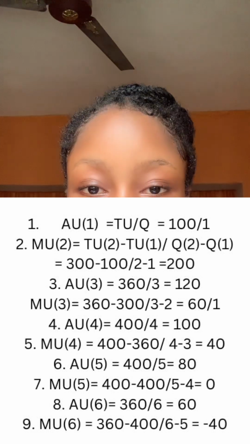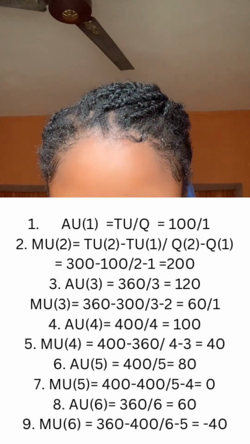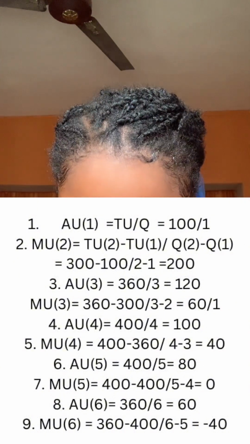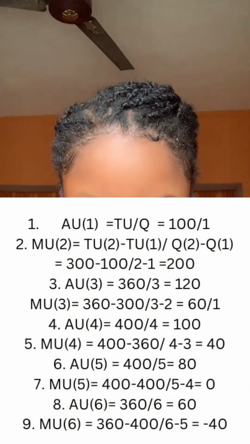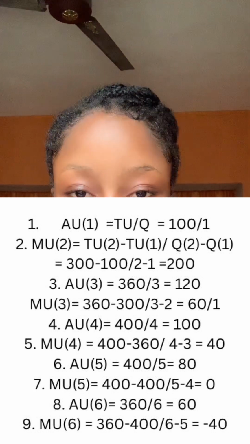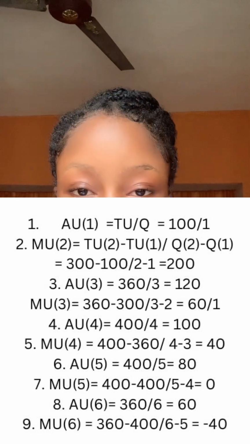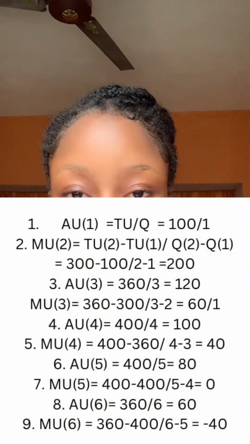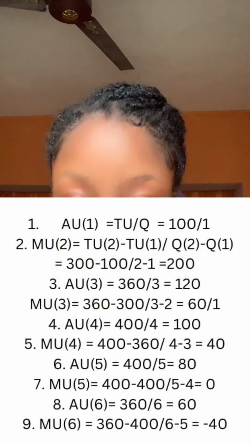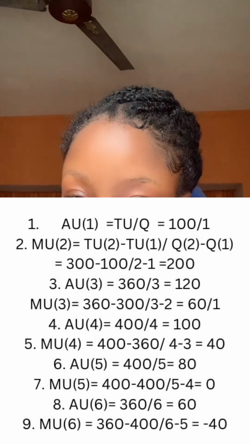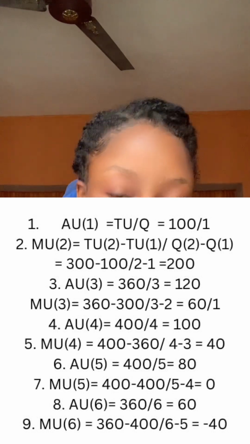Marginal utility is known as a change in total utility divided by a change in quantity. What is the change in total utility? The change in total utility is basically the total utility below minus the one above, divided by the quantity below minus the one above.